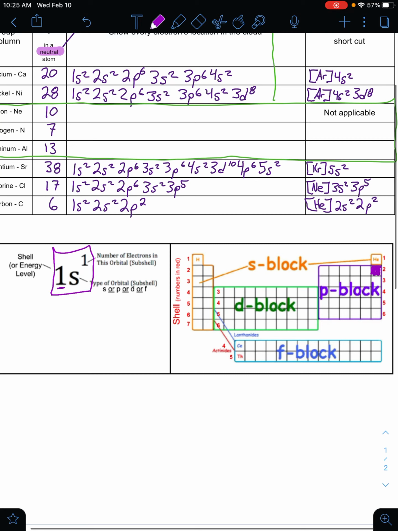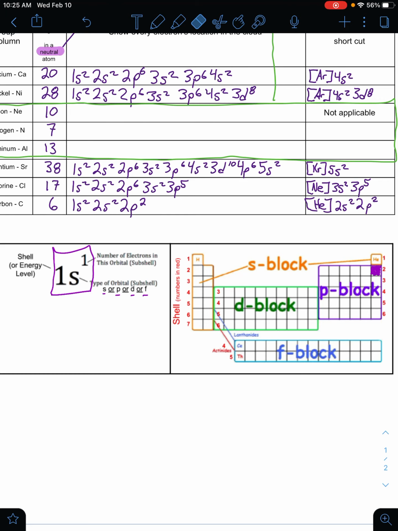How close is it to the nucleus? That's the first large number. What is the shape of the zone that we would expect to find the electron in? S, P, D, or F. And how many electrons are this distance from the nucleus in this shape of probable location? And you have your three-parter.